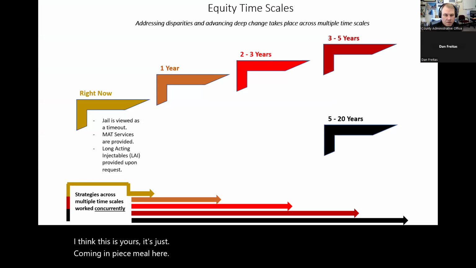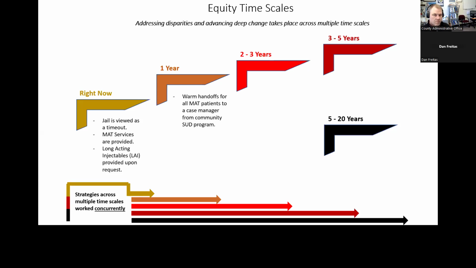Anyway, right now, like I said, if you look at my project on the Equity Timescale, we looked at it right there where it said jail is viewed as a timeout. We were providing MAT services, and we were providing long-acting injectables upon request. And so we thought that would have the most immediate impact. And then within a year of when I started my project, what we're actually doing now is we're in that warm handoff stage with Janus.